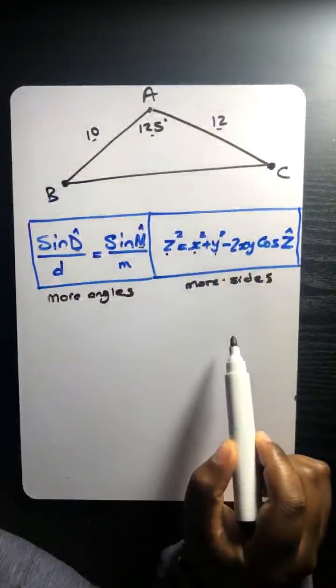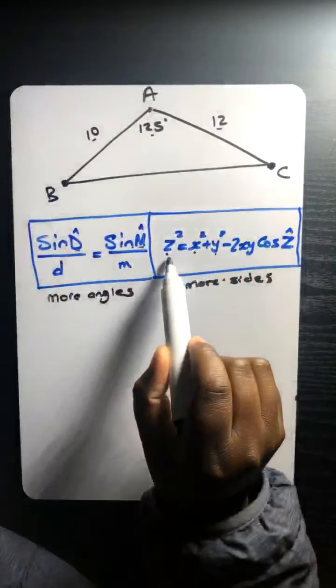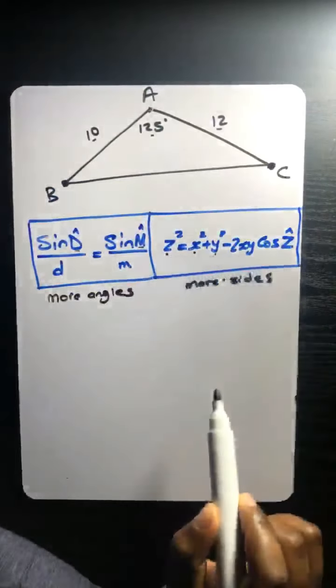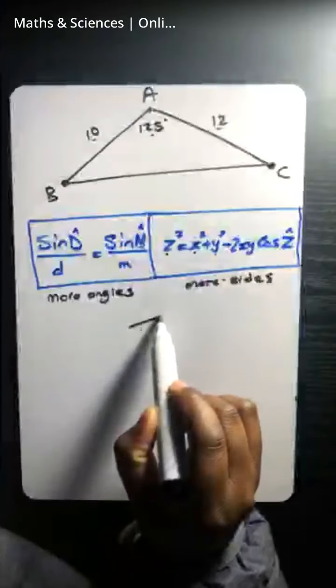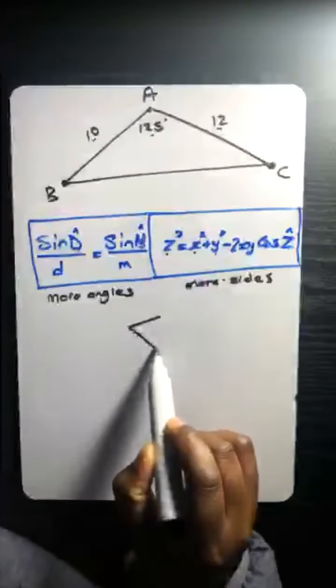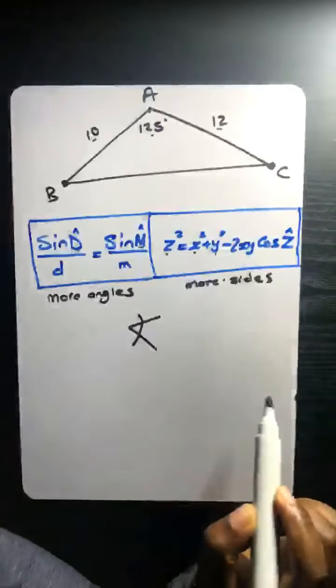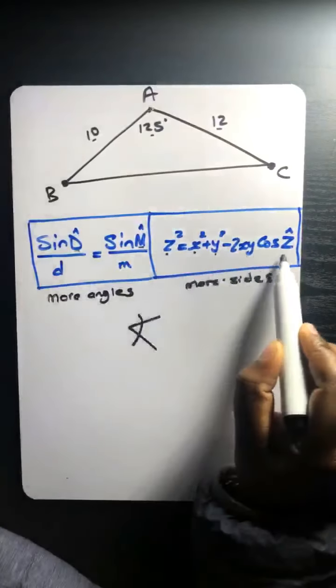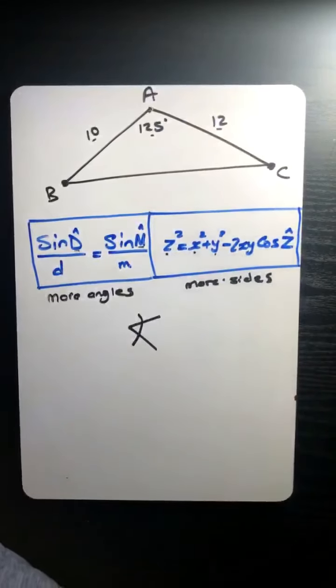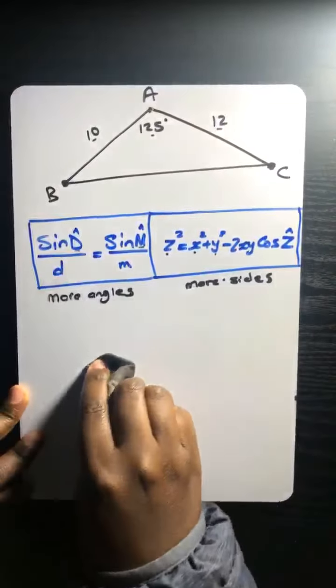So we can possibly use that formula. But before you use that formula, ask yourself, do you have the side and the side and the angle in between? If the answer to that question is a big yes, then it means you can go ahead and use that formula. Very, very important, ladies and gentlemen.